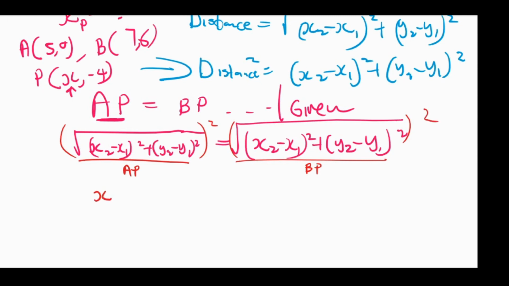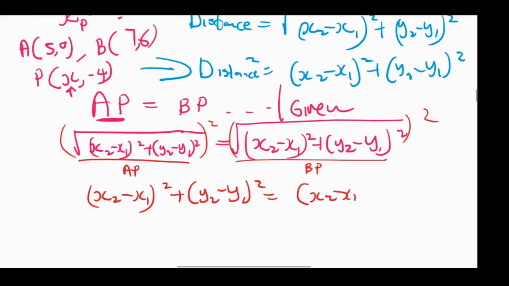We'll remain with x2 minus x1 all squared plus y2 minus y1 all squared equals x2 minus x1 squared plus y2 minus y1 squared. Remember that this is for AP and this is for BP. So let's substitute those values.